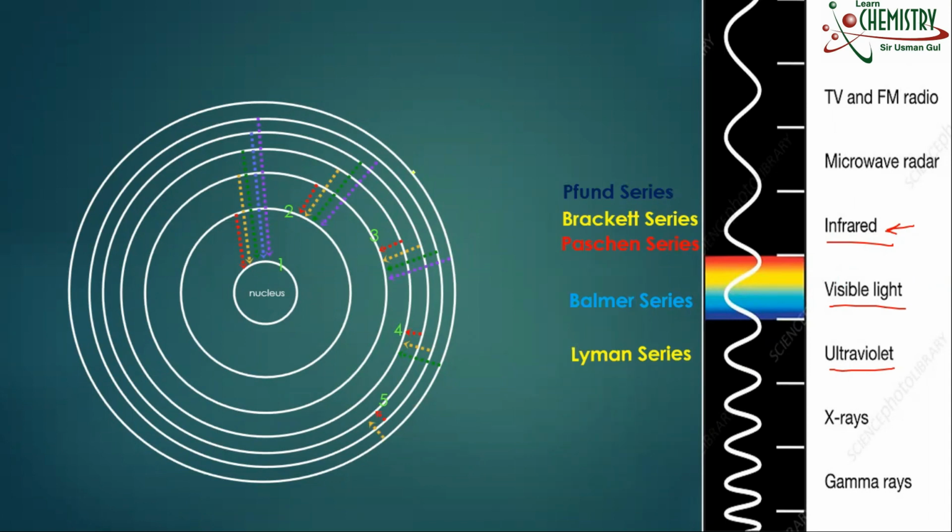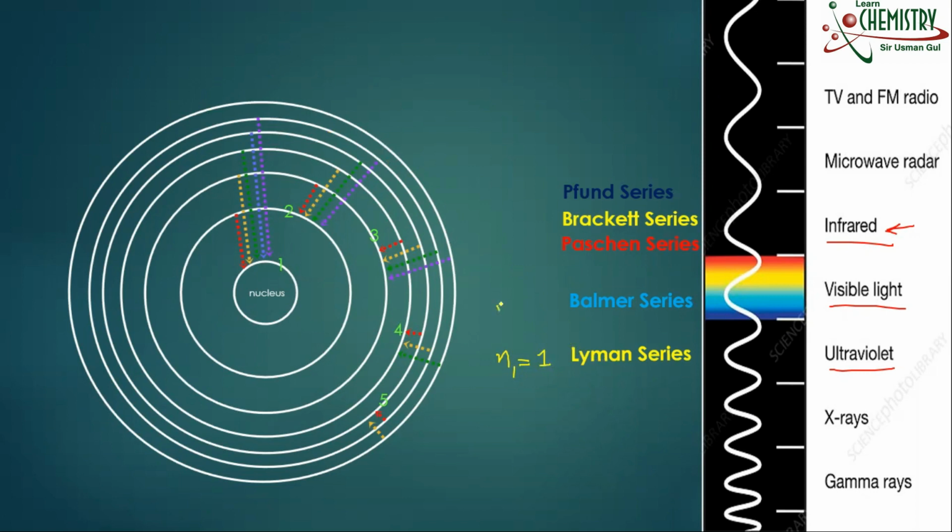Okay, how can we remember these series, and how the hydrogen atom gives these series? The very short answer is this: when the electron comes from a higher energy level down to a lower level n1, when n1 is equal to 1, we get the Lyman series.